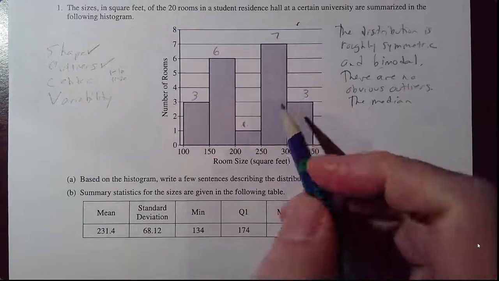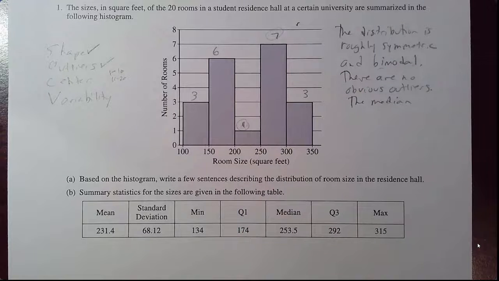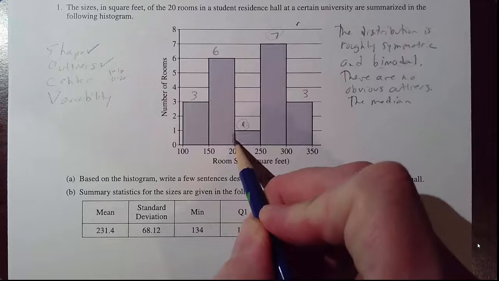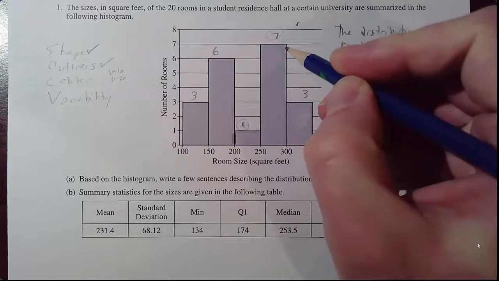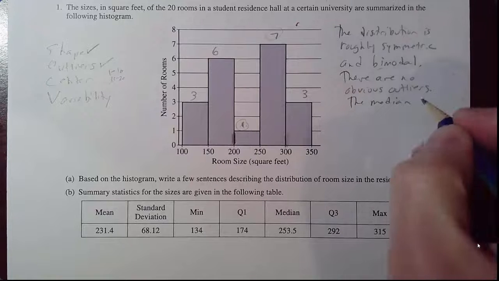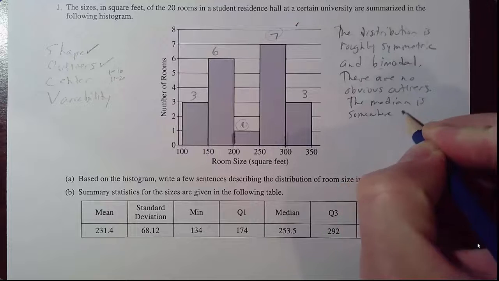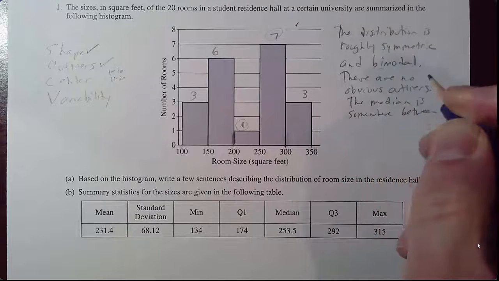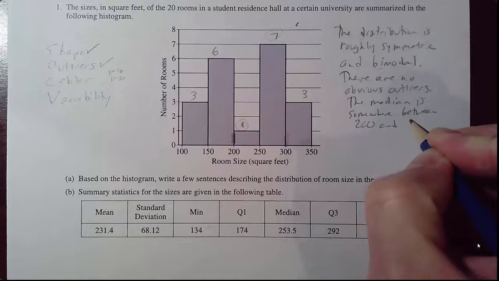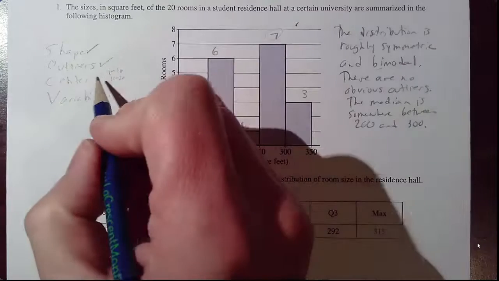So that would be the average of this and this. That means it could be as low as 200 and as high as 300. So the median is somewhere between 200 and 300. That takes care of center.